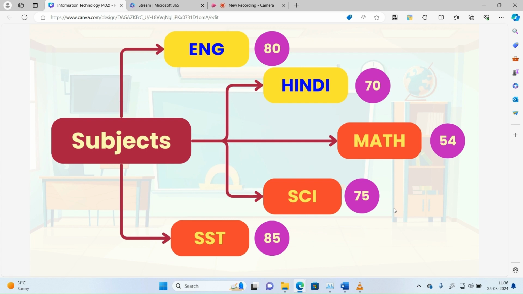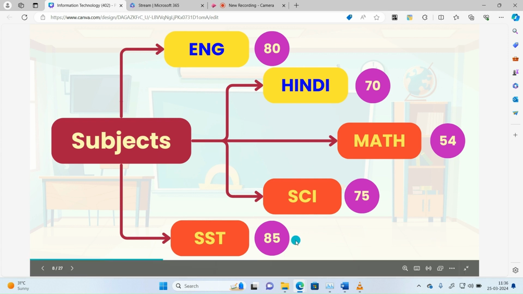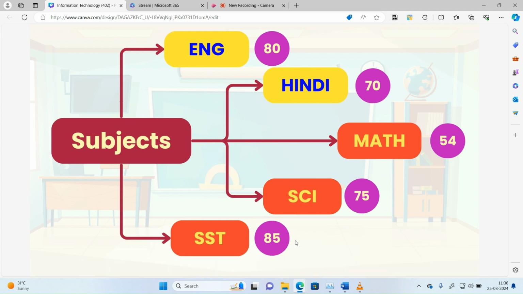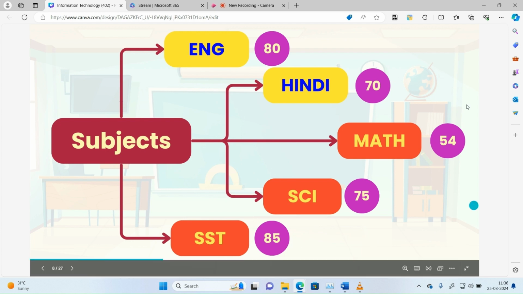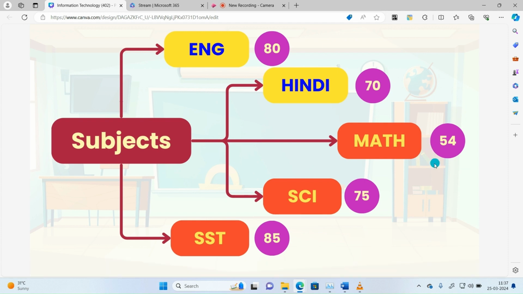So this is the scenario of, say, one student who gets these marks in the various subjects. In English, he is getting 80, Hindi 70, Math 54, Science 75, and Social Science 85. And you can see that in Maths, he is getting very less. Out of all the five subjects, Math marks are less.